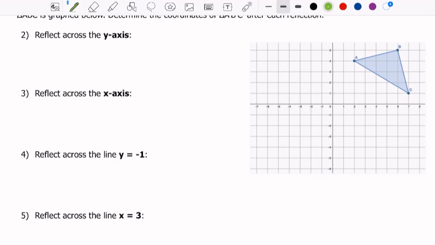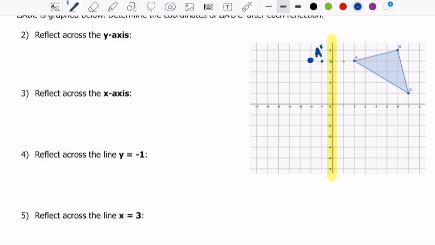So buckle in, we're going to have kind of a lot going on here. Our y-axis is this axis right here. So if I want to reflect across the y-axis, I can go ahead and count my points, and I just have to count to the line of reflection, and then count to the other side. So for instance, A is 1, 2 away from the y-axis, so I'm going to go 1, 2 on the other side. So this is going to be my point A prime.